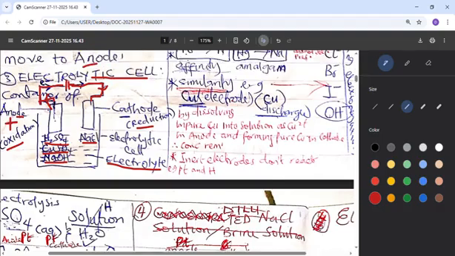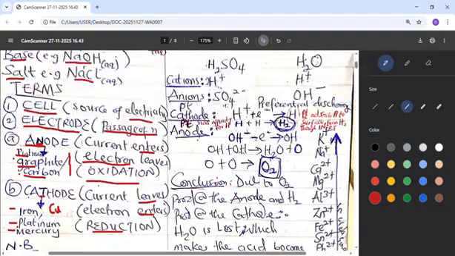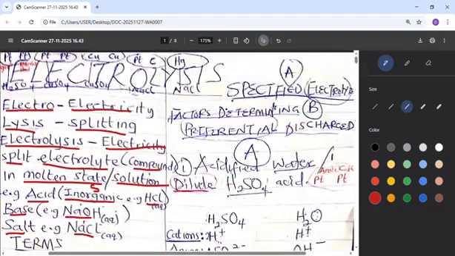So another point we'll be considering is looking at specified electrolyte. That means we want to start the real work, the electrolysis. So we have to specify an electrolyte we are going to use for our electrolysis. And we'll also be considering some factors that will determine preferential discharge.